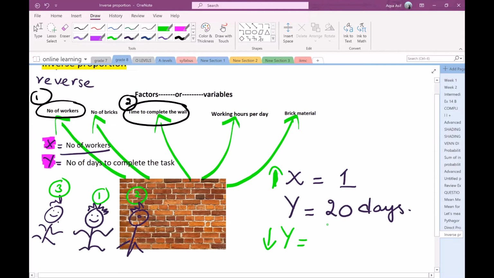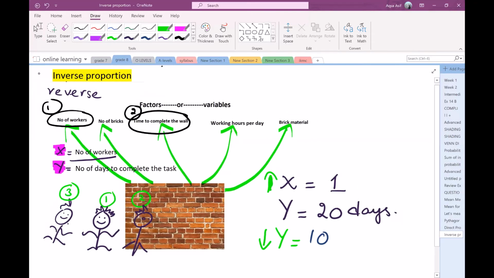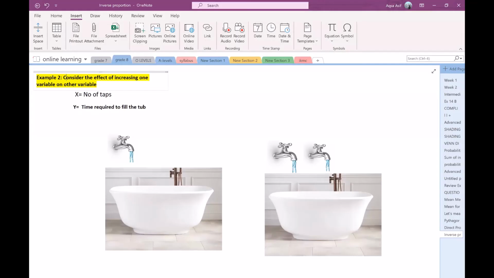So the effect on Y will be that they'll be able to complete the task maybe in 10 days. All right. So in such situations where X is increased, Y is decreased in return, we can call it an inverse relation or an inverse proportion.